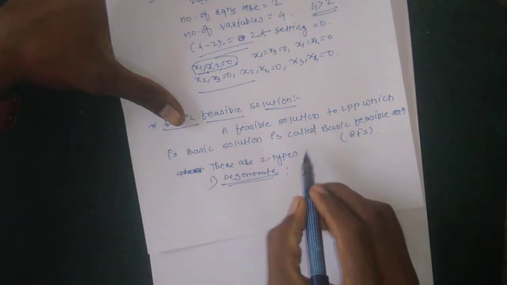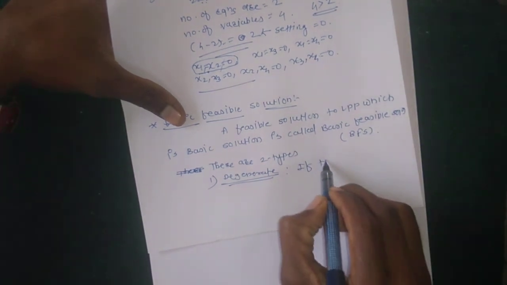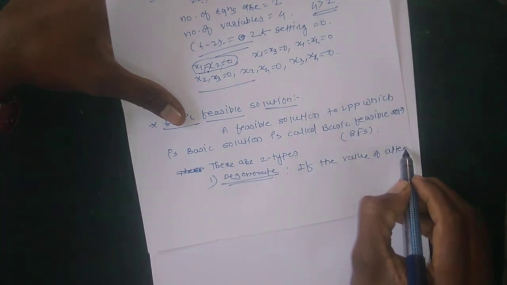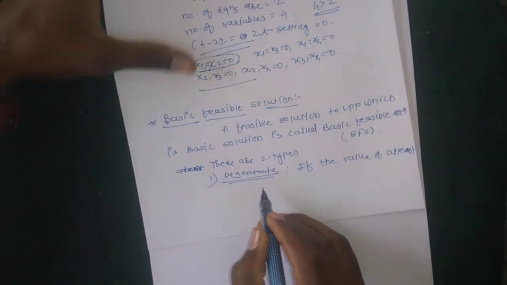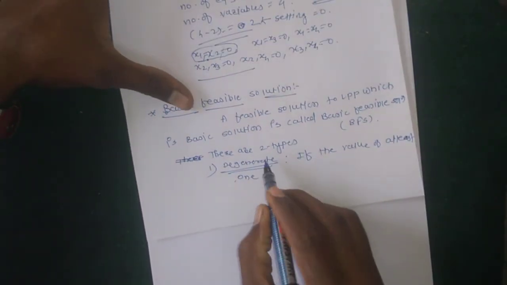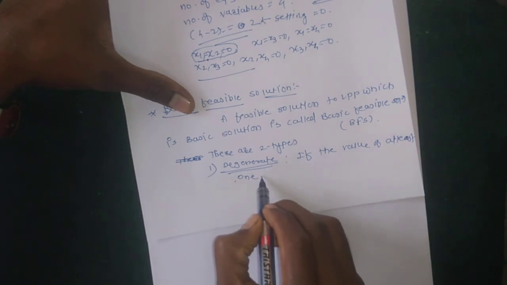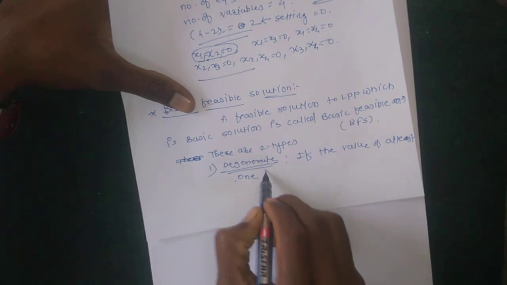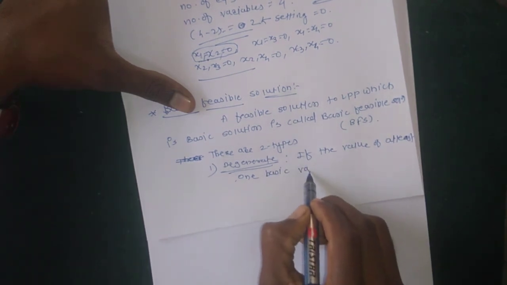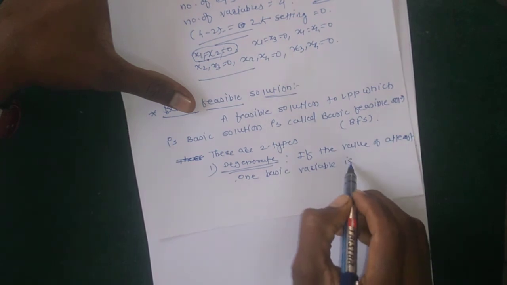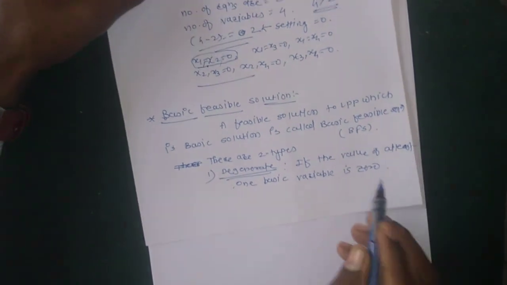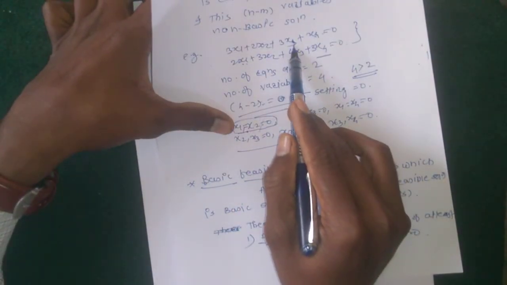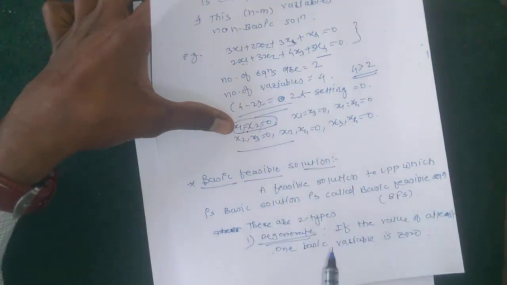Degenerate means if the value of at least one basic variable is zero. Suppose the basic solutions are x3 and x4, and x3 is equal to 0, then this is a degenerate basic solution.